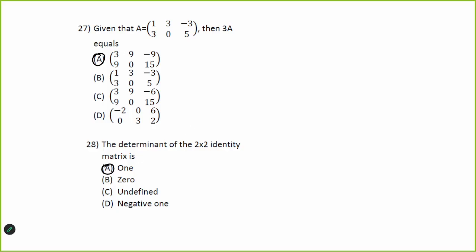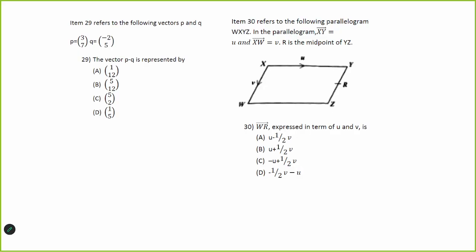If it is a singular matrix, the determinant is 0. Then this one here, P minus Q, that's 3 minus minus 2, and then 7 minus 5. So 3 plus 2 is 5, 7 minus 5 is 2, so the answer would be C.